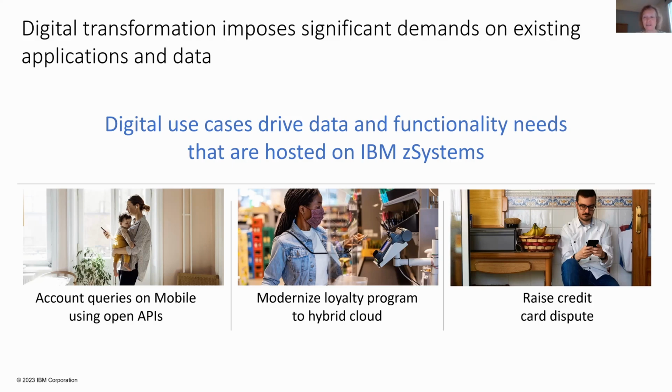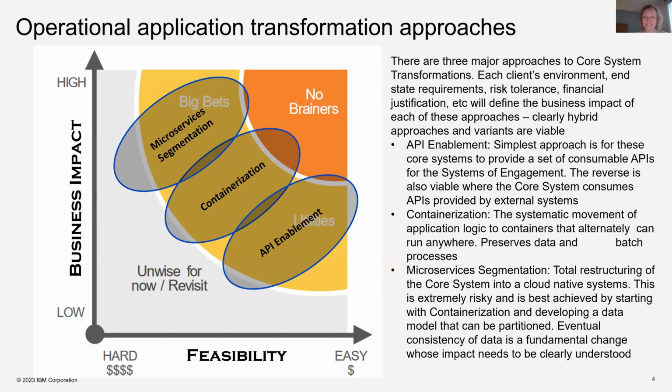And here are just a couple of examples out of your everyday lives that illustrate the need for digital access to transactions that were in the past only accessed through account representatives or similar functions. So what does it mean in terms of application transformation approaches?